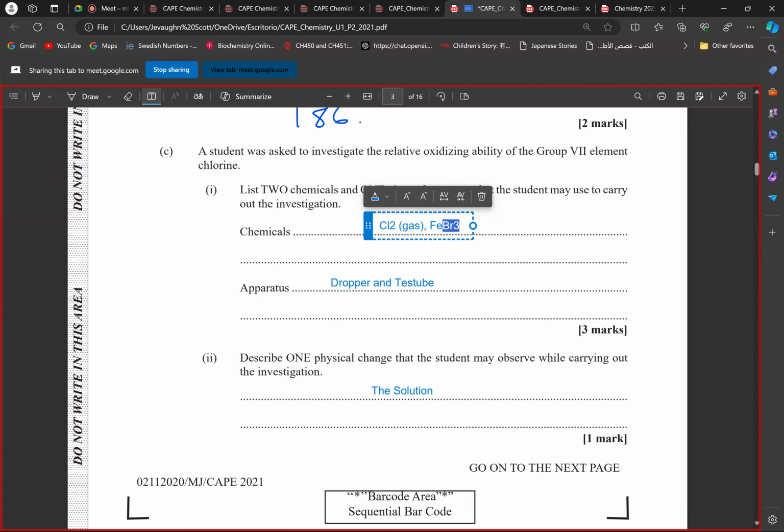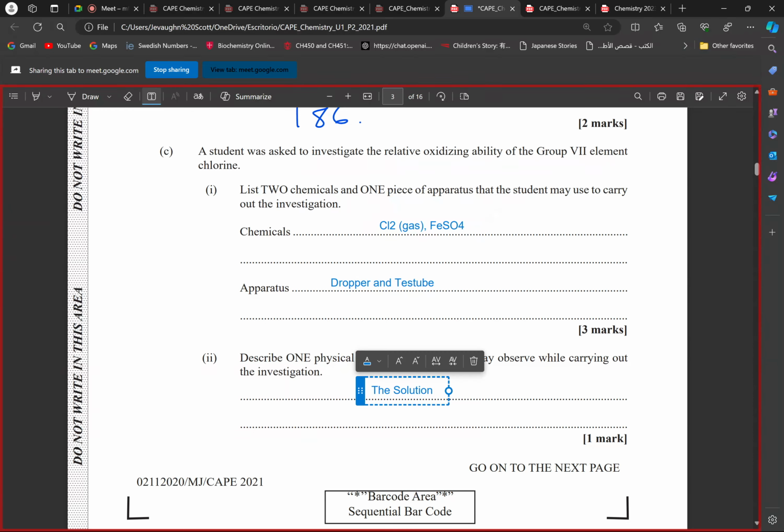It's going to oxidize it to sulfur. Yeah, well, sulfur dioxide, FeSO4. We could use that because that is going to be in the 2 plus state.